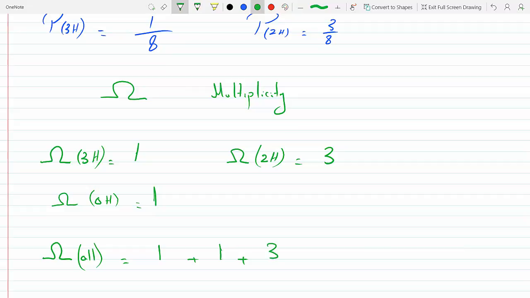Or we can have 2 tails and 1 head, that's also 3, right? The rest are just variations, but the multiplicity is the same. So there's a total of 8, but all in all there's 4 macrostates, the general specification of the system in terms of how many heads and how many tails. So this gets me 8.